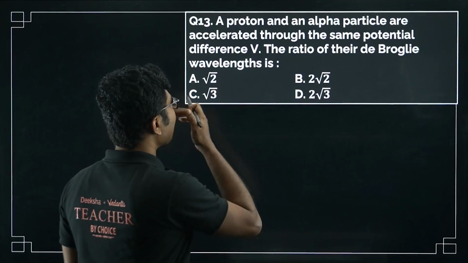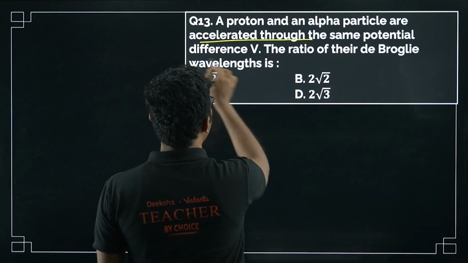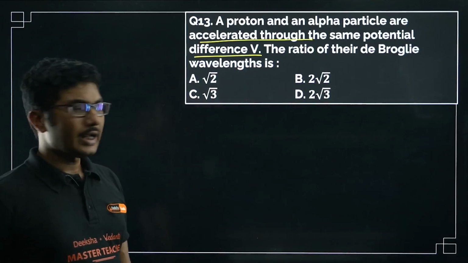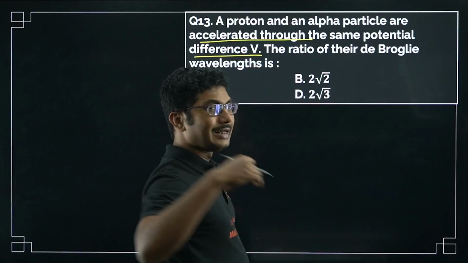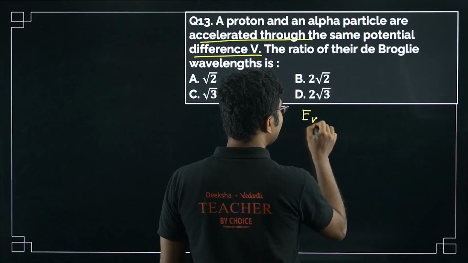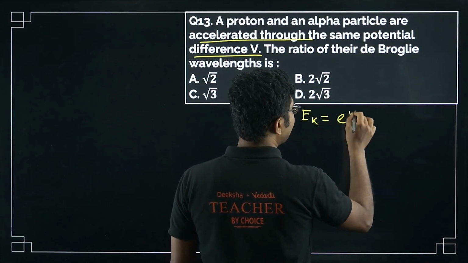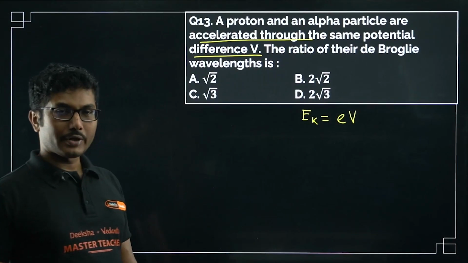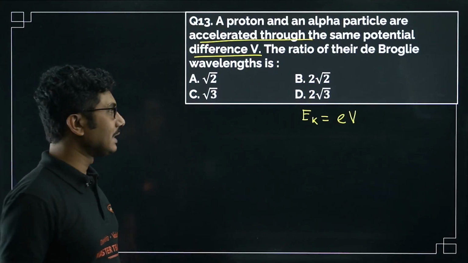If they are accelerated through the same potential difference V, what is the energy gained by the proton? The energy gained by the proton is basically e into V. The charge of a proton is e, positive e, we are only considering the magnitude.